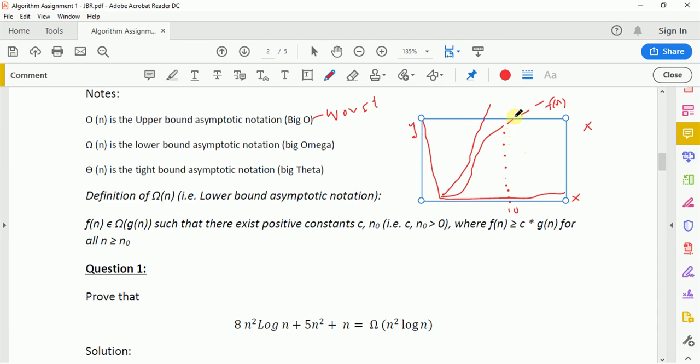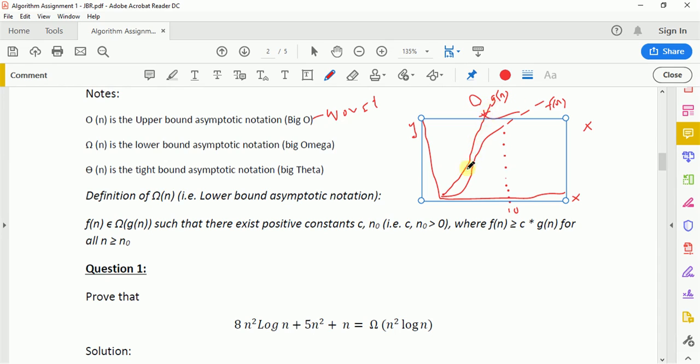So from the look of this graph, you see that this polynomial f of n will never get to this point. Okay, it will never get to this point. So we can say this polynomial is of the order big O of g of n.